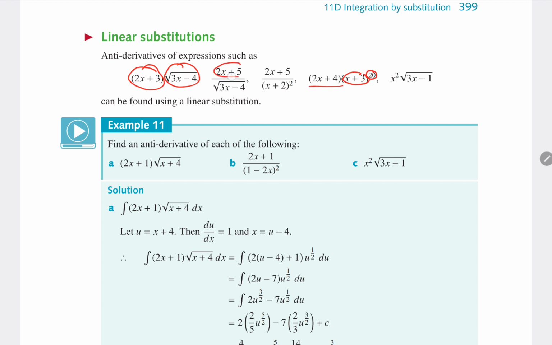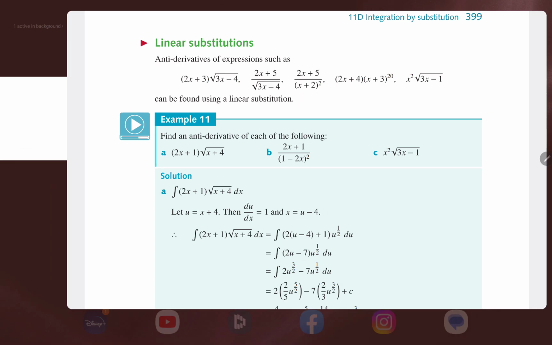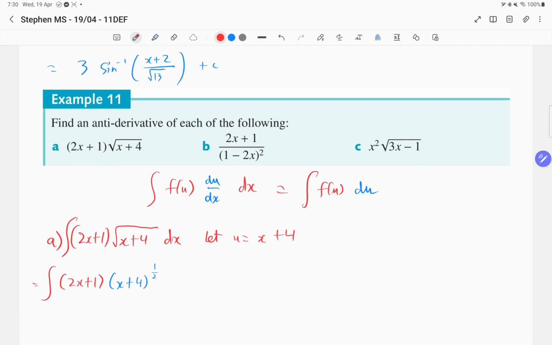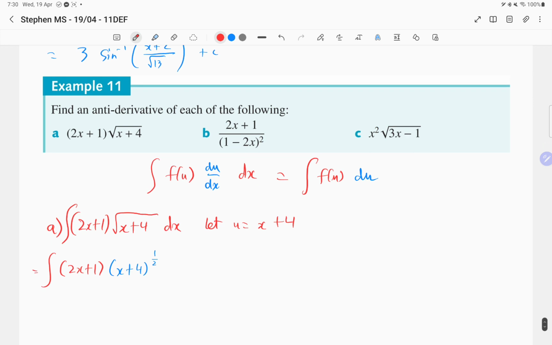Division is like raised to the power -1, it's the same thing. Here is a linear equation to the power half. So products of two powers of linear equations. That's why you see linear equations a lot of the time, because you can only deal with functions of linear equations.